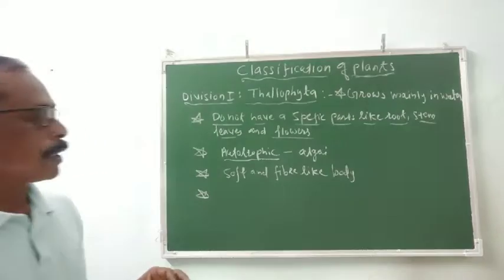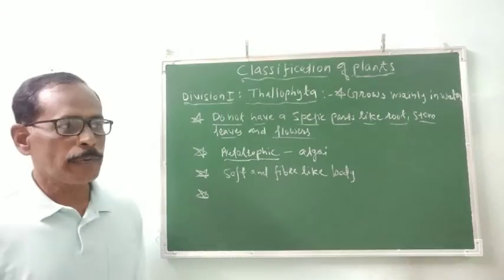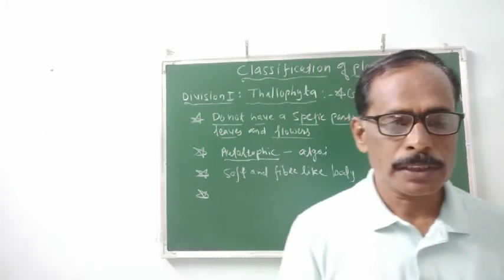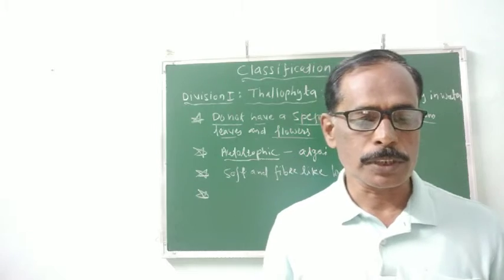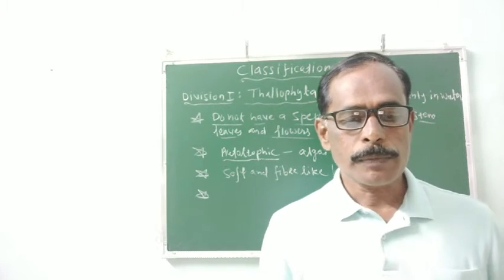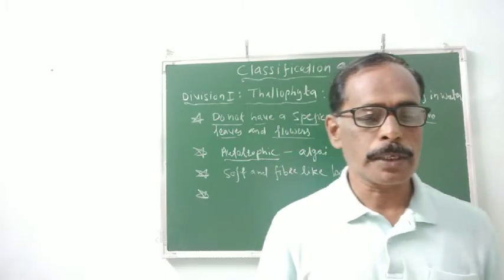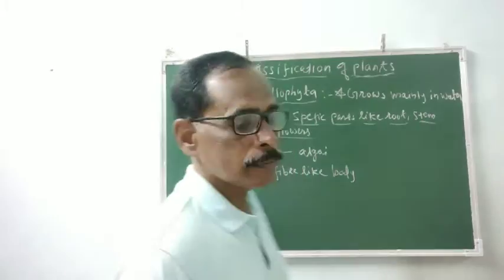Some thallophytes are heterotrophic. They do not form their own food or perform photosynthesis. This type of heterotrophic living organism is also termed as thallophytes, and that is the fungi.